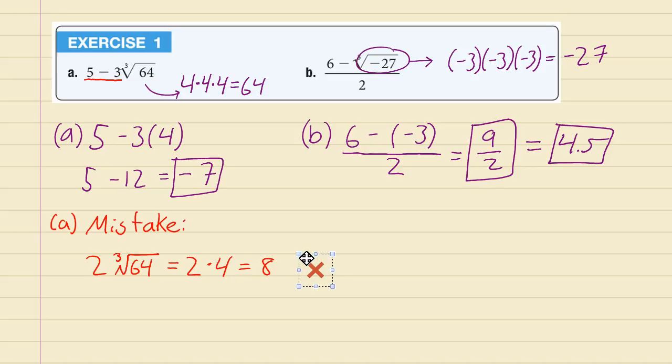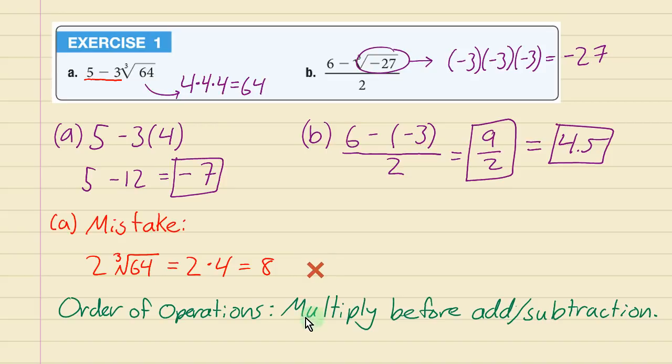So the problem there is that you're not doing the order of operations. The order of operations says that you need to multiply before addition and subtraction. And that means you need to multiply that 3 times that 4 first. That multiplication is supposed to happen before the subtraction. And that's how to be careful of that.